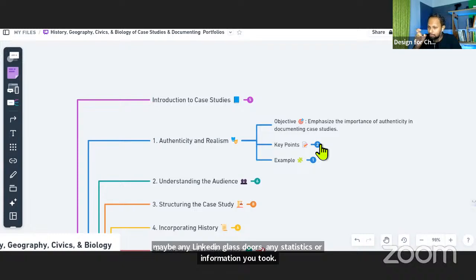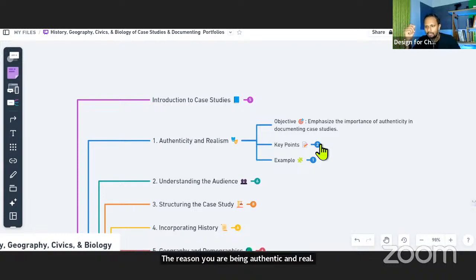Every case study, every project you make, has to have this detail. The reason is that you are being authentic and real. You're not claiming you did that research data yourself, right? Like say you took data from WHO saying that in India more than 40% of the people are diabetic, and out of this the rural people are fewer and the urban people are more. It's not your data.